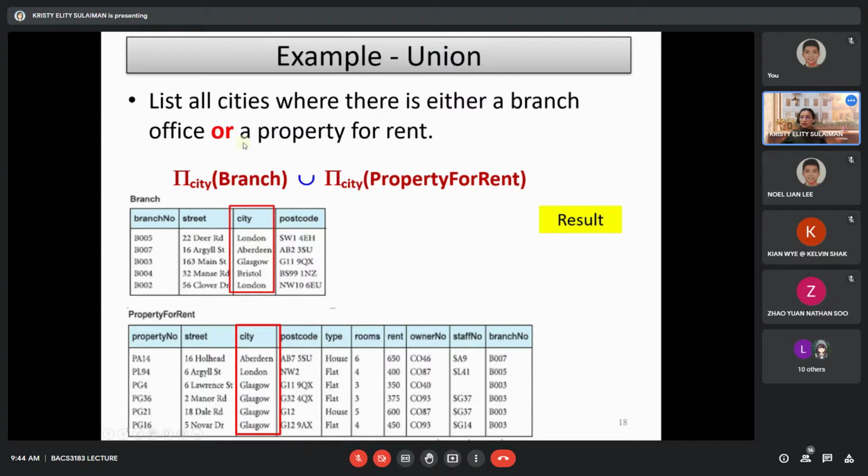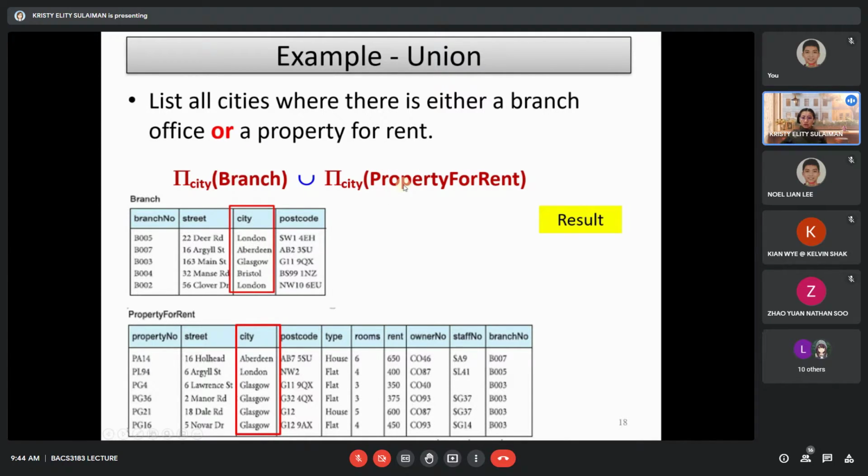Here we want to list all cities where there is either a branch office or a property for rent.